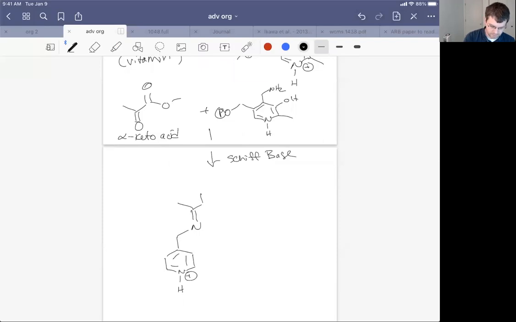So we have our Schiff base with the NH2 of PLP. Got an OH for hydrogen bonding, a CH2 to OP. Okay, there, my best work yet.